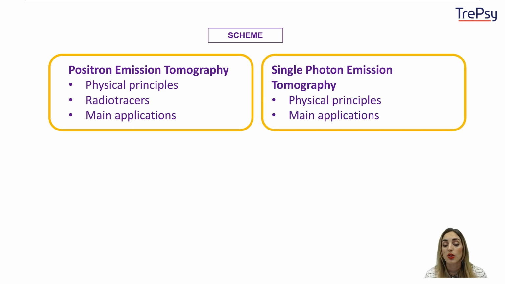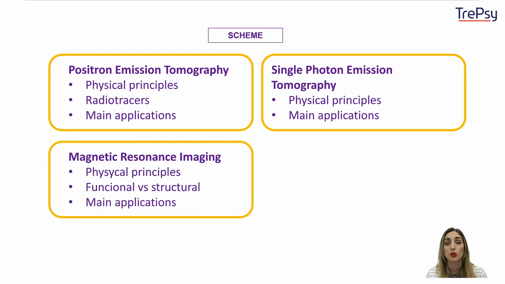Afterwards, I will explain single photon emission tomography, SPECT, the physical principles, and again the main applications. And then we will move to MRI, magnetic resonance imaging, the physical principle behind the technique.